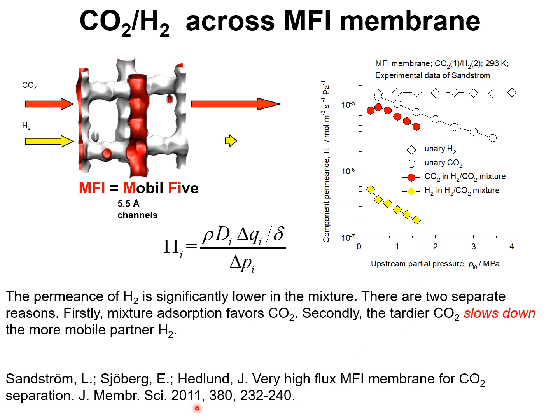There are two separate reasons. Firstly, the mixture adsorption favors CO2 because CO2 is more strongly adsorbed. And secondly, the tardier or the less mobile CO2 has the effect of slowing down the more mobile hydrogen. And this slowing down effect needs to be understood and quantified in order to understand mixture permeation across MFI membranes.